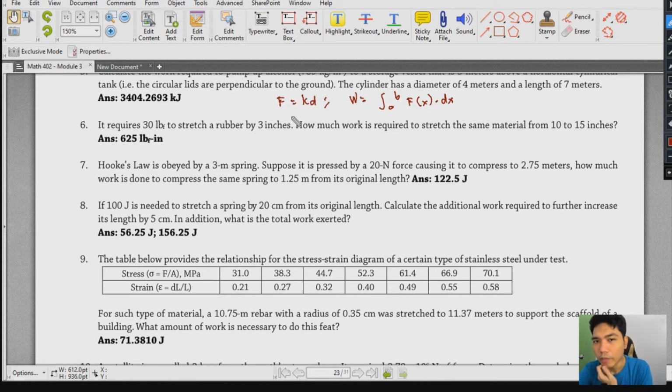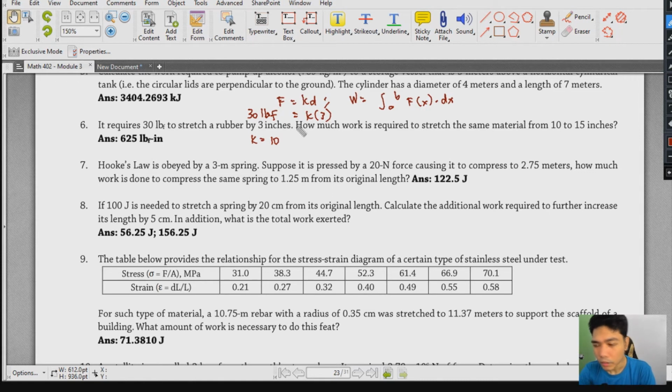So, what is K? How do we get it? Because none was given here. Initially, we have this 30 pound force. Using 30 pound force, we are able to stretch the rubber by 3 inches. So the D is 3 inches. We could just say that 30 pound force is equal to K times 3, which gives us the value of K that is actually 10.